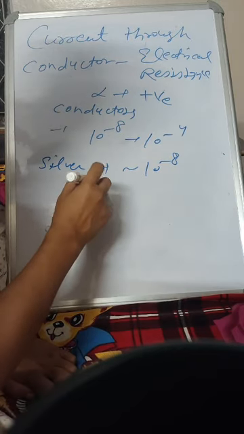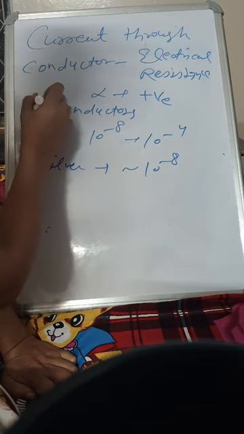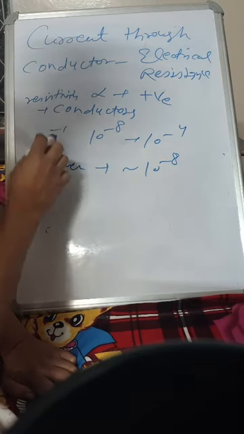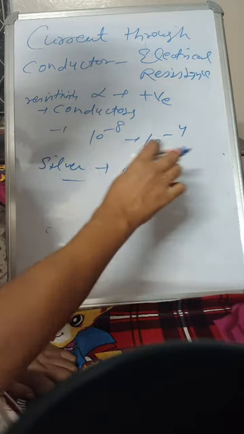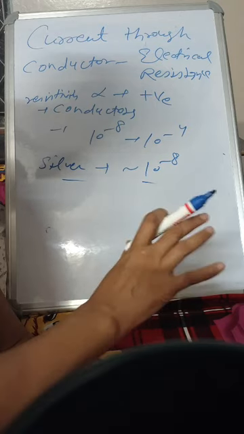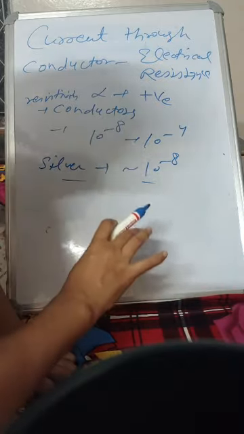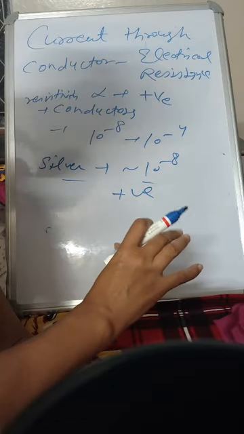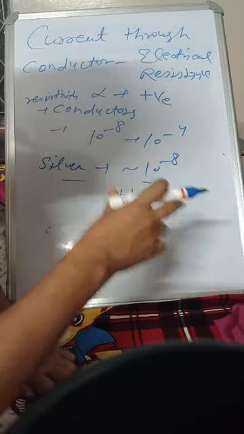So resistivity is very low in the case of conductors. Silver is a very good conductor, which will give a very high current. In this case, this alpha is positive, so the resistivity of a conductor will increase with increase in temperature.